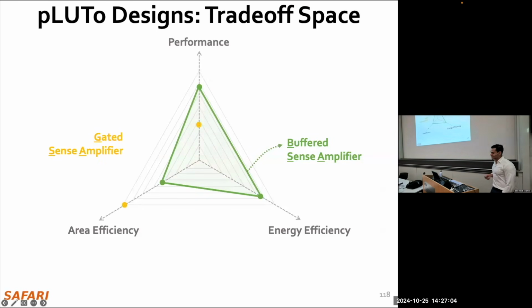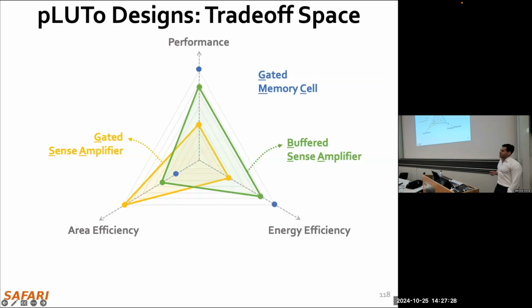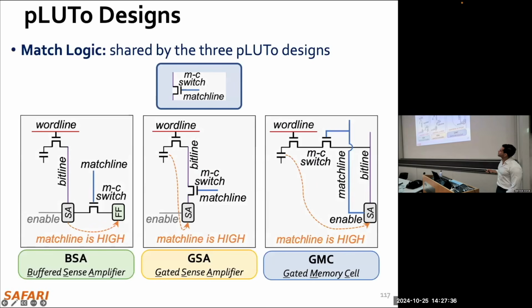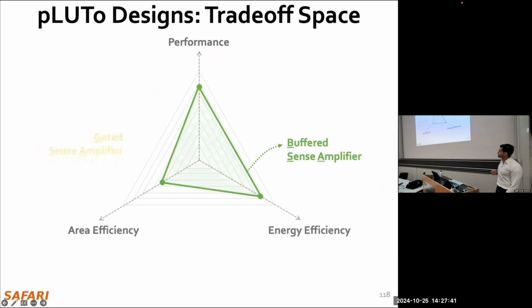The second one, the gated sense amplifier, which uses the sense amplifier to store the data, has the higher area efficiency, because I'm not including any extra transistor other than the match logic, but has the lower performance and the lower energy efficiency, because I need to do a lot of copies to restore the data as I go. The third design, the gated memory cell, has the higher performance and higher energy efficiency, but the lowest area efficiency, because I'm including one extra transistor per DRAM cell. So that includes a lot of area cost.